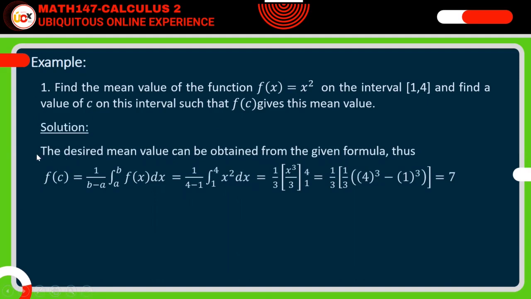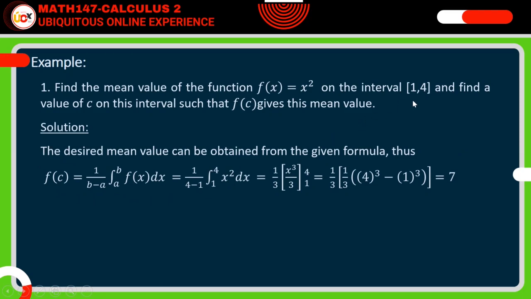So the desired mean value can be obtained by the given formula that f at c is equal to the reciprocal of b minus a times the integral of f of x dx from the lower limit a to the upper limit b. So this is equal to 1 over 4 minus a.